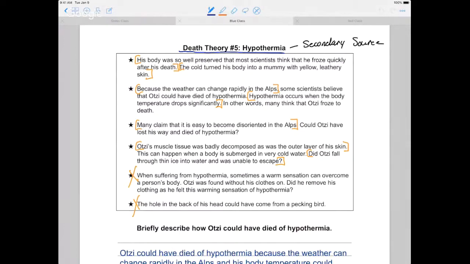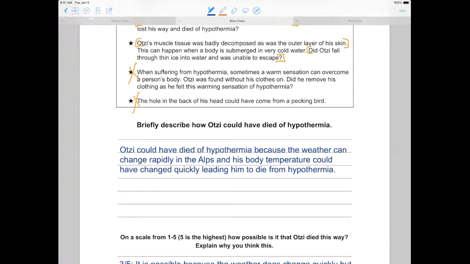Then we summarized, which we know means to give a gist. And then we said Utsi could have died of hypothermia because the weather can change rapidly in the Alps, and his body temperature could have changed quickly, leading him to die from hypothermia.